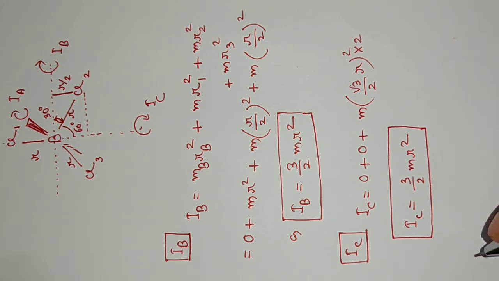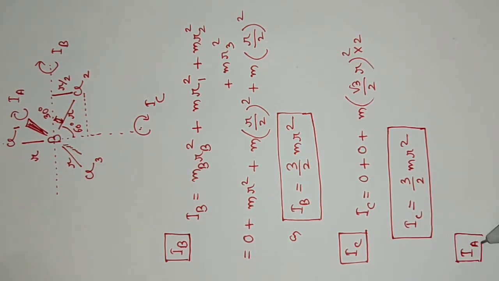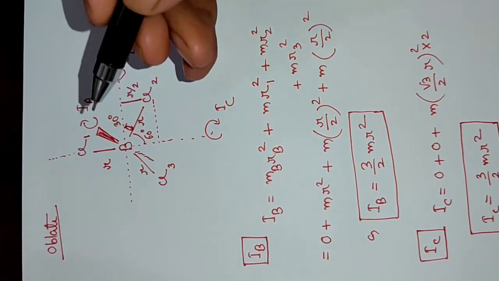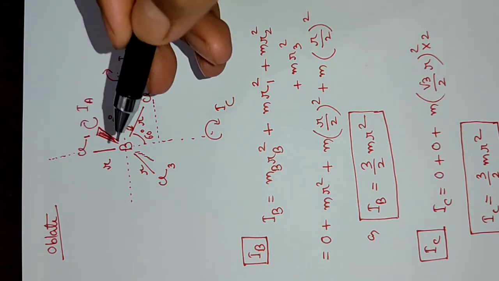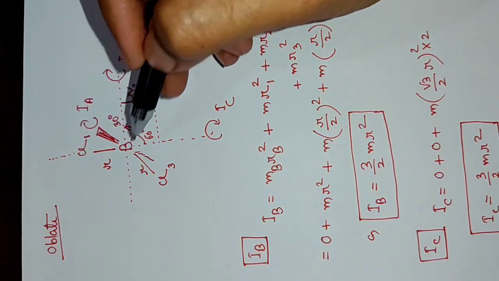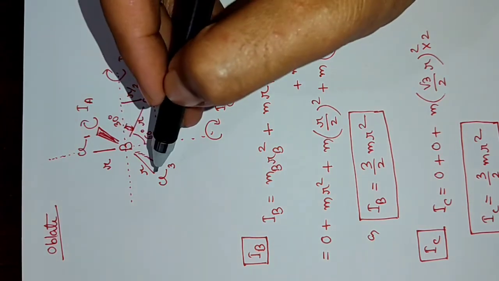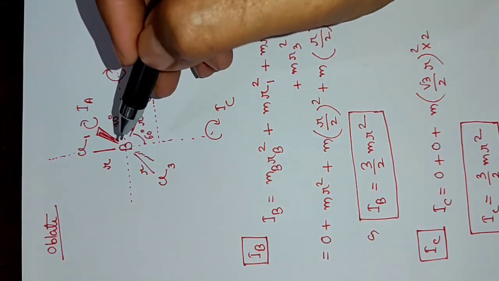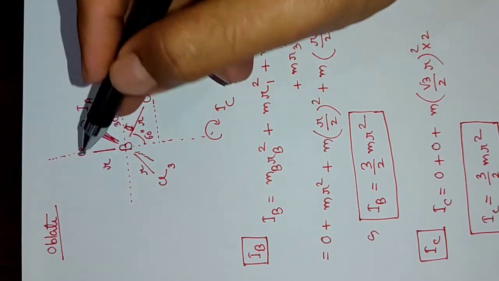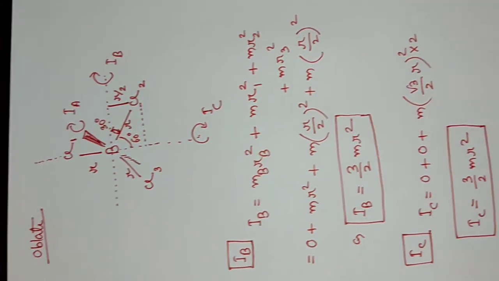Now what is left? It is IA. Now see the situation. In case of IA, the axis is passing perpendicularly through B. So this chlorine atom is r distance away, this chlorine atom is r distance away, this is also r distance away, but it is passing through boron, so contribution of boron will be 0, and these 3 chlorine atoms will contribute equally.